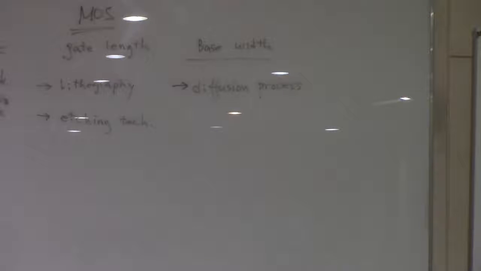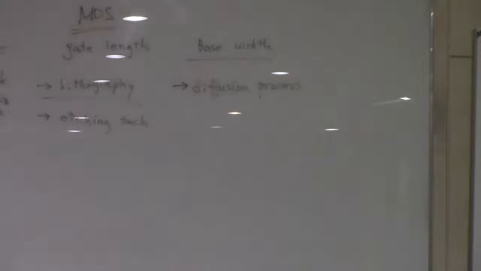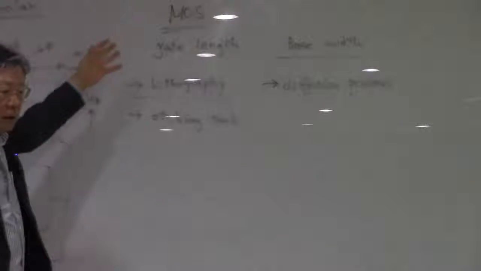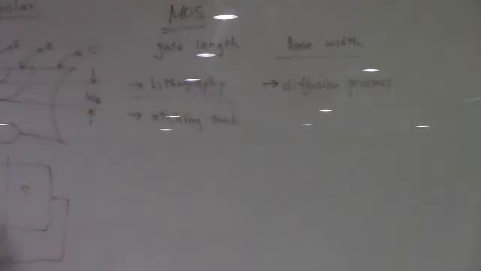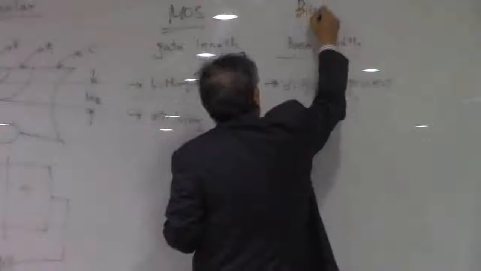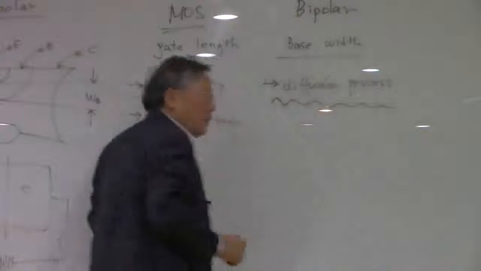For example, lithography is related to lens focusing and exposure automation, all those things, and that will determine the integration levels. On the other hand, for bipolar transistors, there's nothing much we can do about this diffusion process.